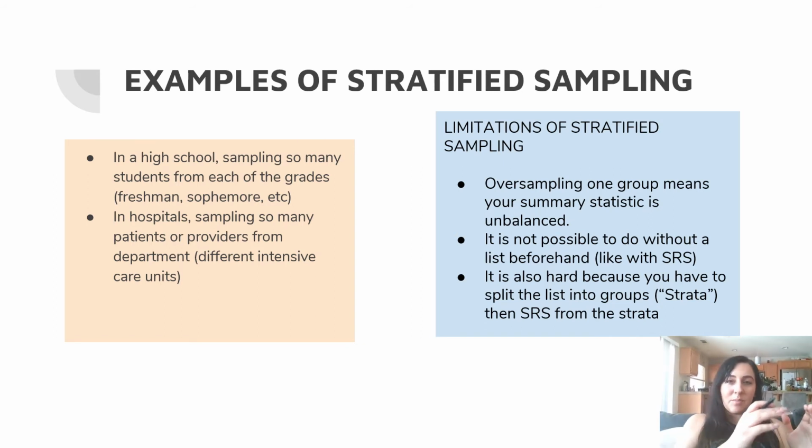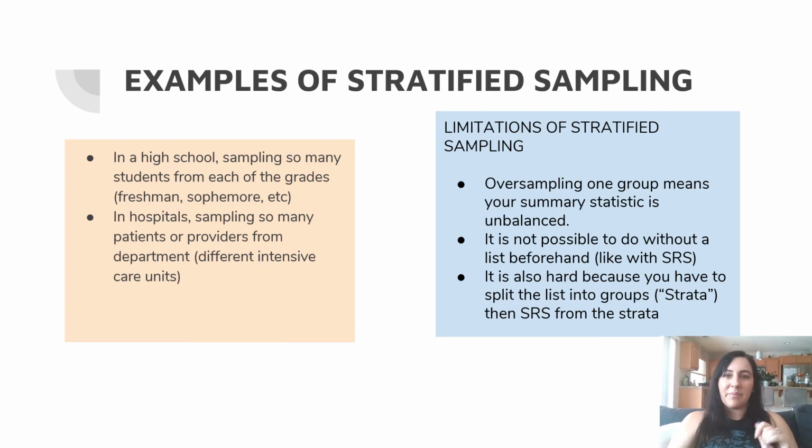You have to put each individual from the list into the category they fit in. So it's more time consuming, and then you can start working on the sampling part. There's a bit more work in that.